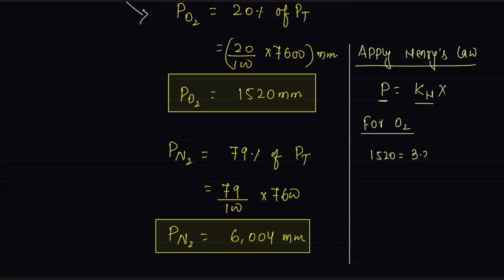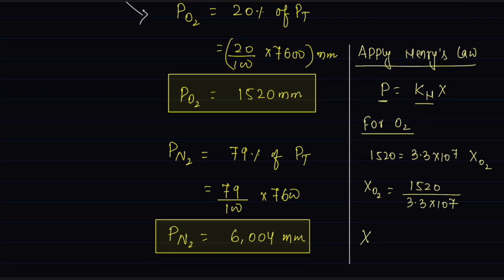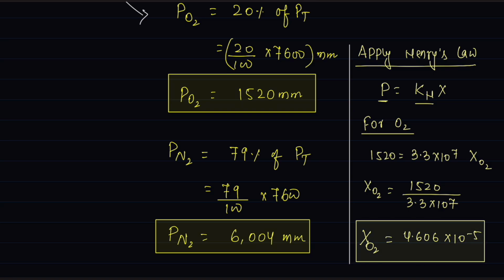So 1520 equals 3.3 into 10 to the power 7 into mole fraction of O2. So the mole fraction of O2 is equal to 1520 divided by 3.3 into 10 to the power 7. So mole fraction of O2 is equal to 4.606 into 10 to the power minus 5. So we got the mole fraction of O2.